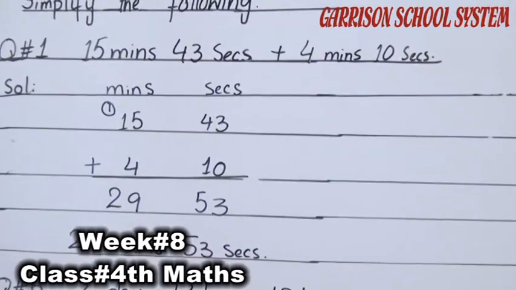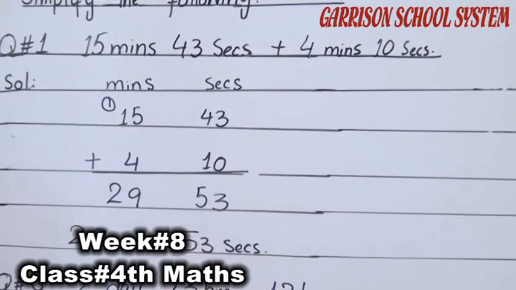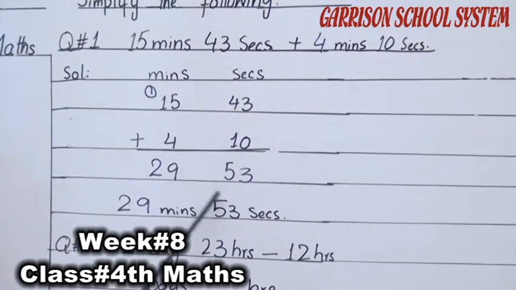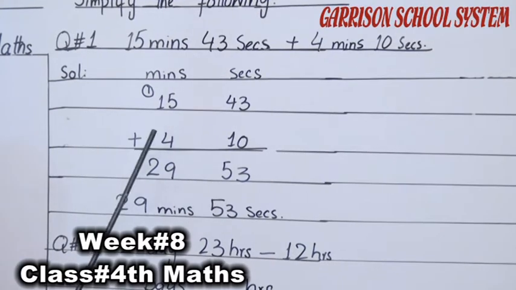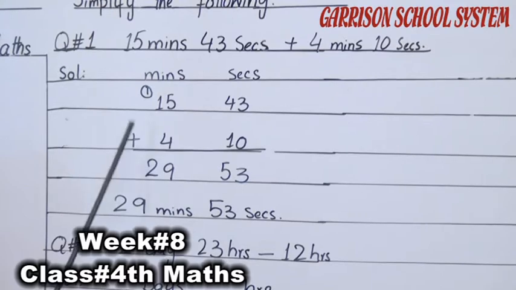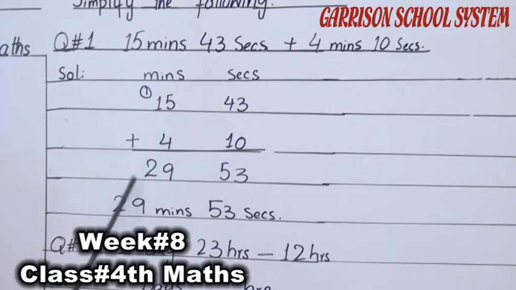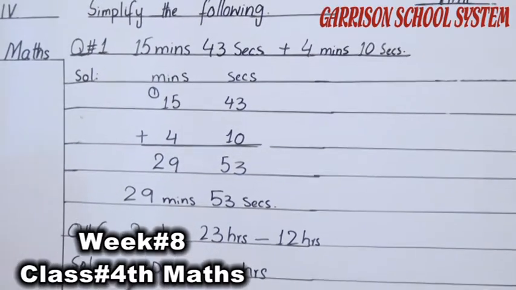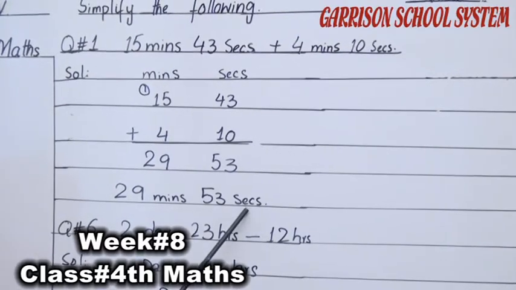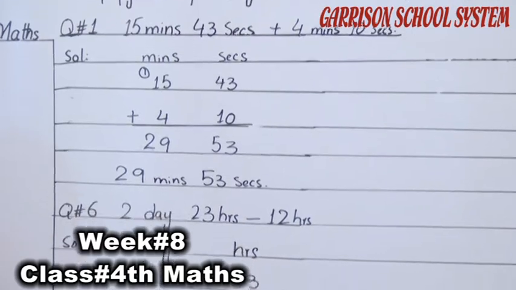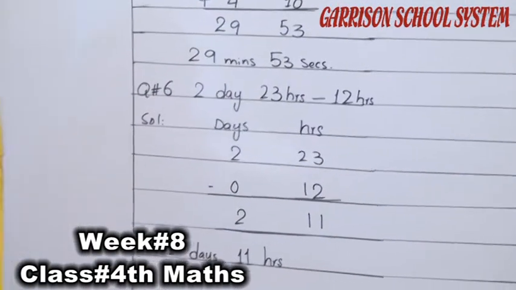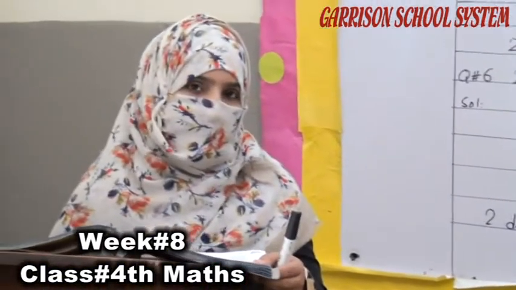Then we add: 3 plus 0 is equal to 3, and 4 plus 1 is equal to 5. 4 plus 5 is equal to 9, and 1 carry, 1 plus 1 is equal to 2. The answer is 29 minutes and 53 seconds. Is it clear? Now the second part, third, fourth and fifth are all the same. You can do it yourself.